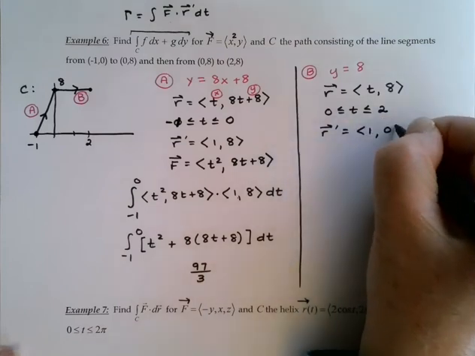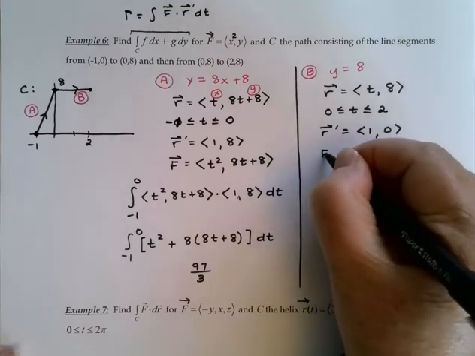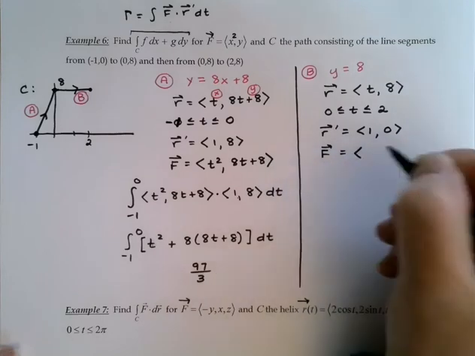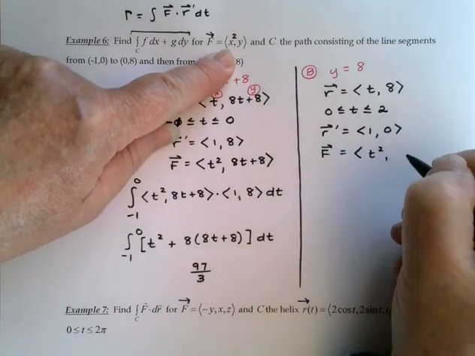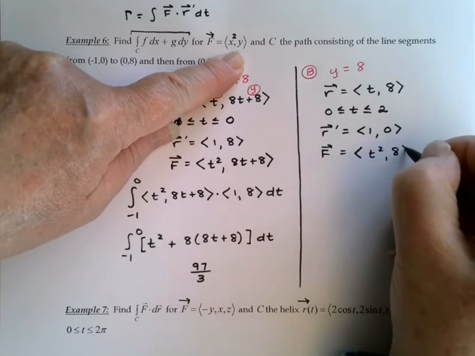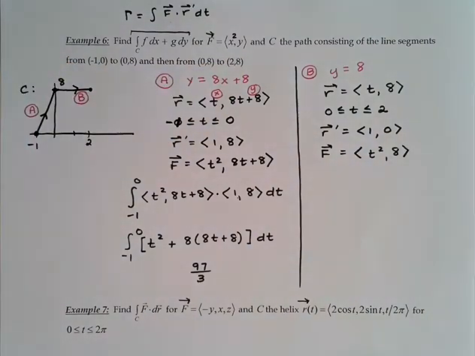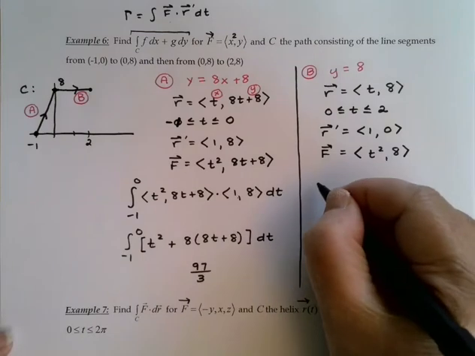R prime will be 1, 0. And f is x squared, so that's t squared, comma y, which is 8. All right, that should be everything I need.